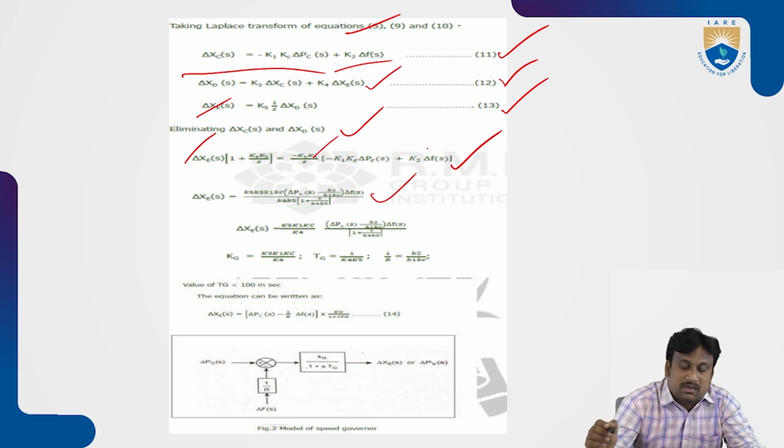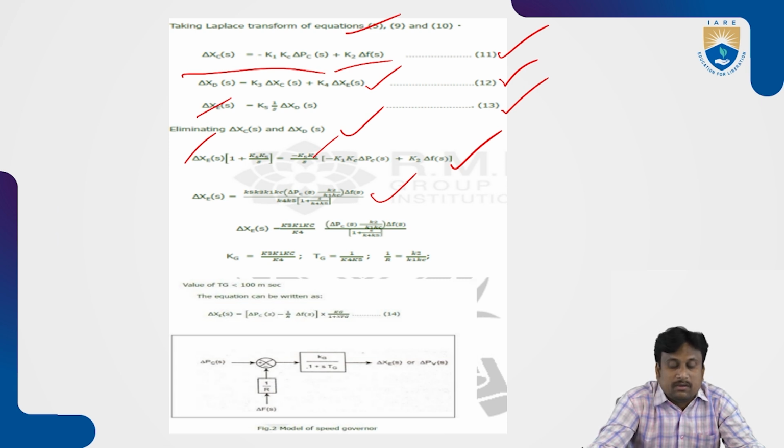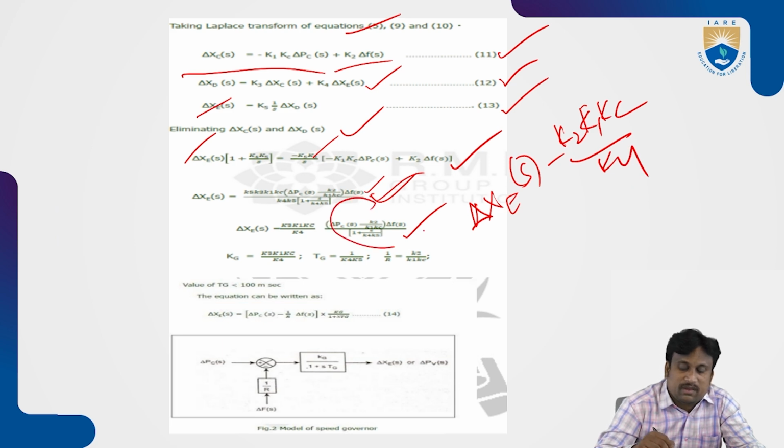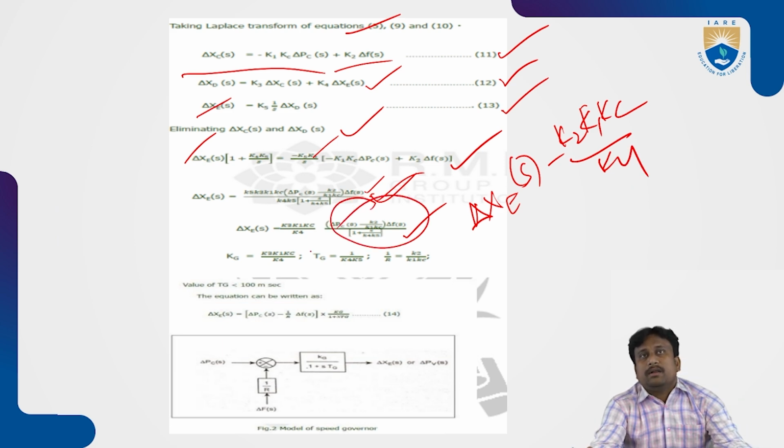So delta xe of s equals minus K phi K3 K1 Kc of delta Pc of s minus K2 by K1 Kc of delta f of s. So if you simplify these parameters, the delta xe of s in terms of K2 by K1 Kc by K4, then change in frequency levels can be obtained here.